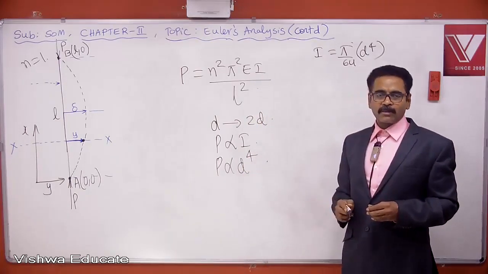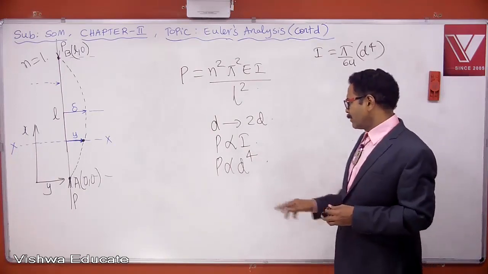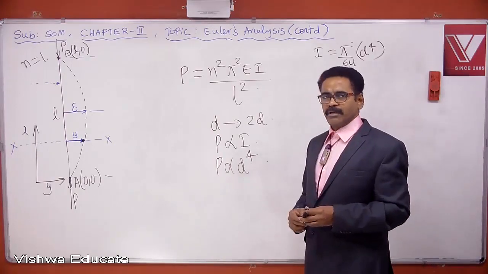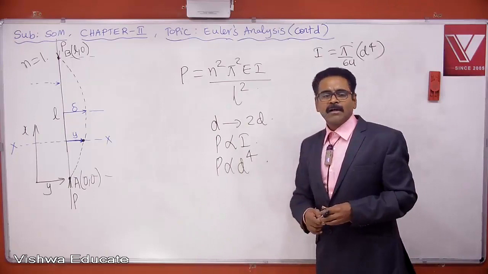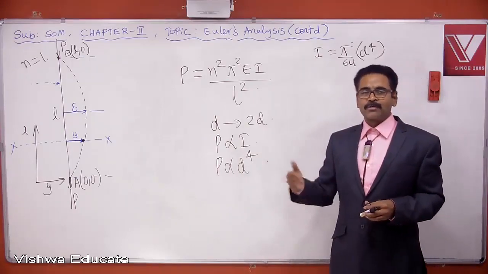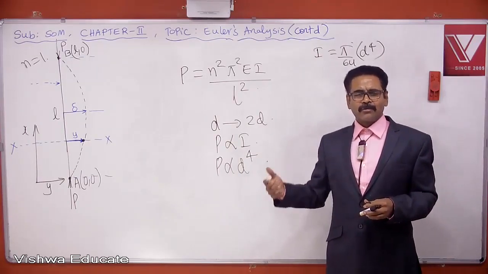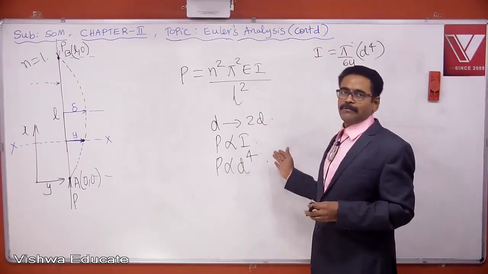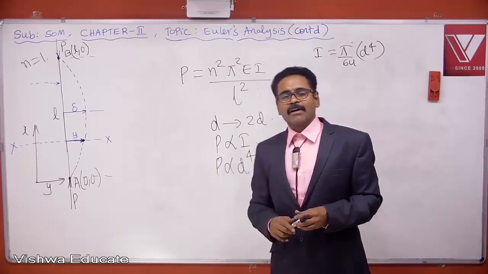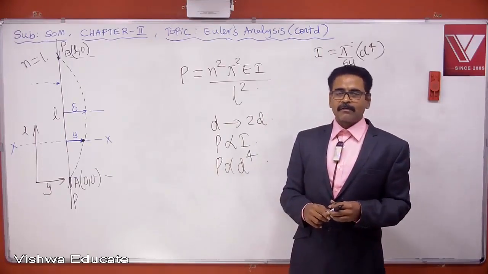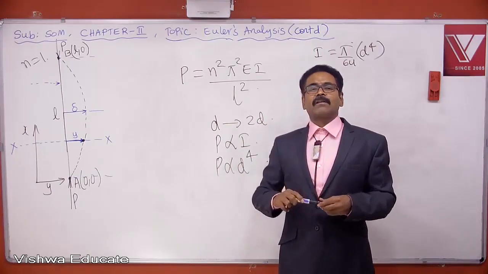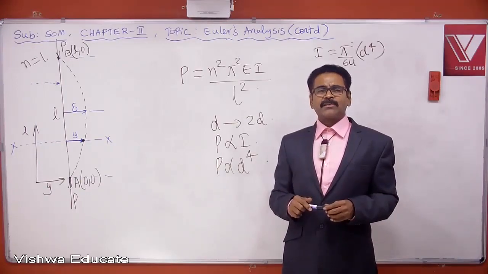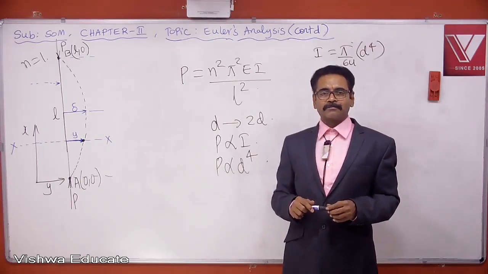If d is doubled, what will happen to P? 2 into 2 into 2 into 2 is 16 times. When the diameter of this column is doubled, Euler's critical load becomes 16 times the original critical load.